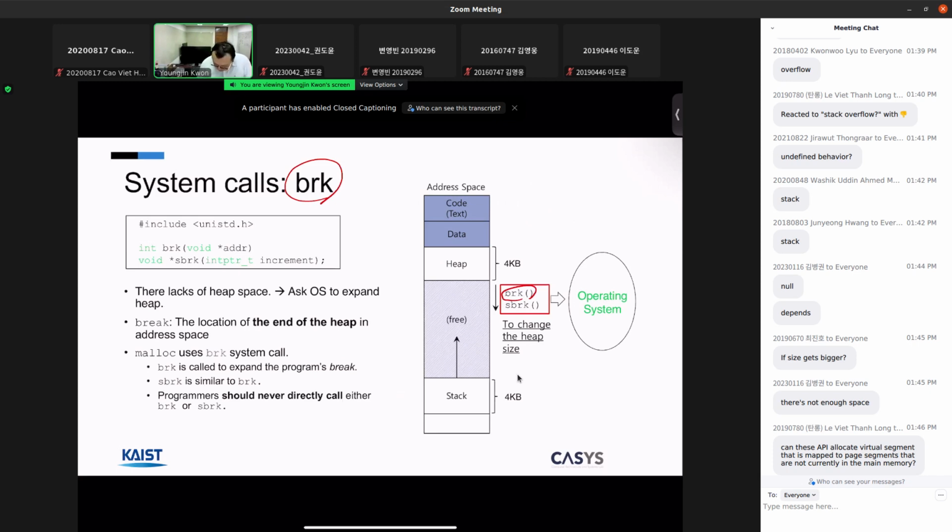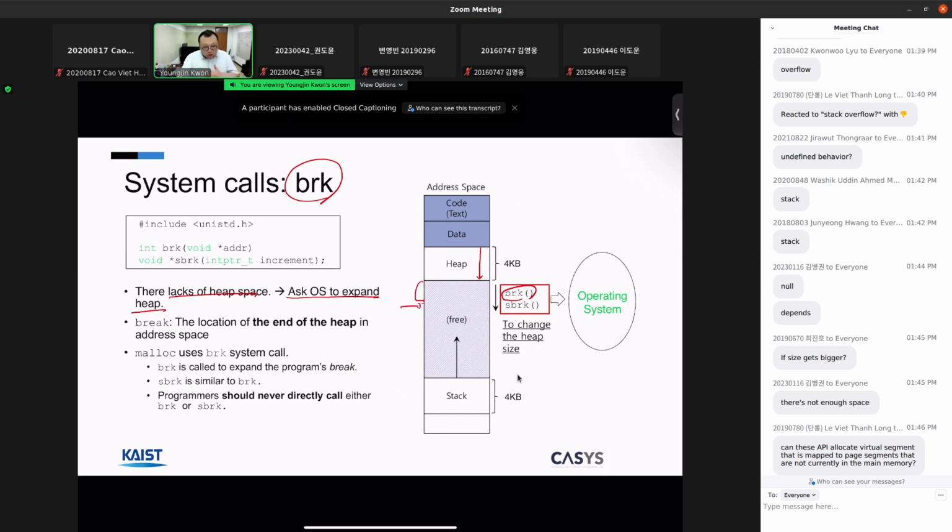If there is not enough heap space, the memory allocator asks the OS to expand the heap. Question: when the application tries to use the heap, what the memory allocator has to do is increase brk to point here.